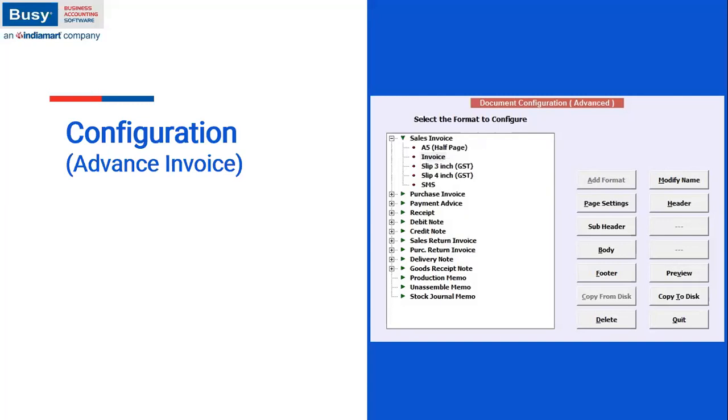The accounting vouchers are like payment advice, received, debit note, credit note, etc. But with inventory, the documents called dual vouchers are sale invoice, purchase invoice, material issue, material received. These are called dual vouchers because here the inventory details are captured.